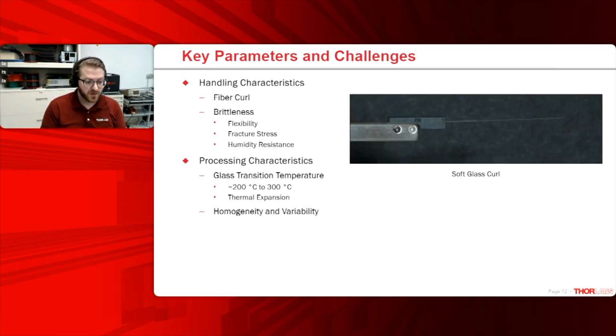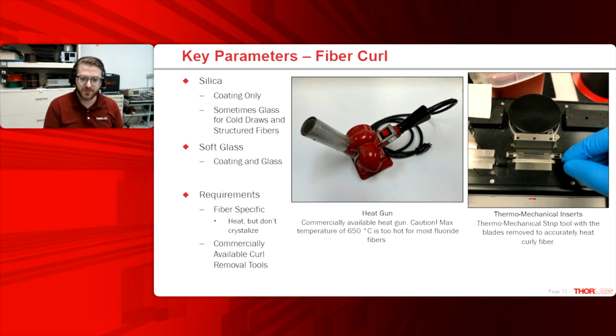So now that we have our goals addressed, what are the parameters and challenges that we're going to get with soft glass? Again, we can split those into 2 main categories: the handling or mechanical characteristics, and then the processing or thermal challenges. There will be a bit of overlap between these 2, but let's jump in with mechanical curl.